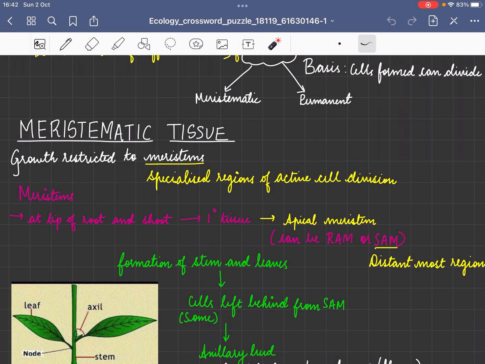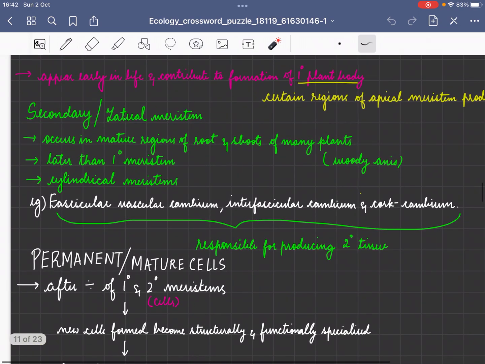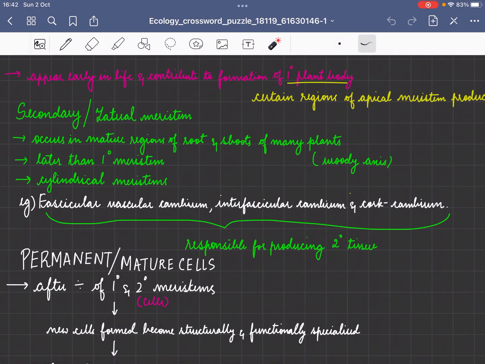They form the primary tissue. So you should know which is responsible for the formation of primary tissue and which for secondary tissue. Primary tissue is formed by the apical meristem, which can be root apical meristem or shoot apical meristem. In the case of secondary meristem, vascular cambium, interfascicular cambium and cork cambium are responsible for the production of secondary tissue.